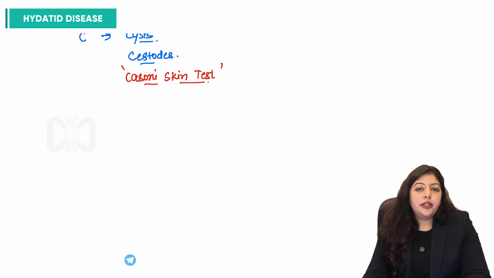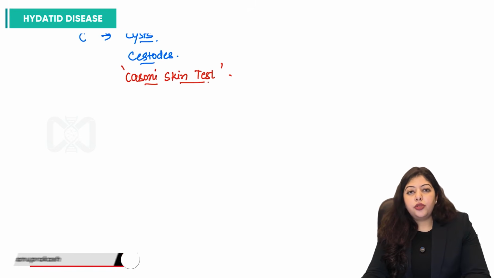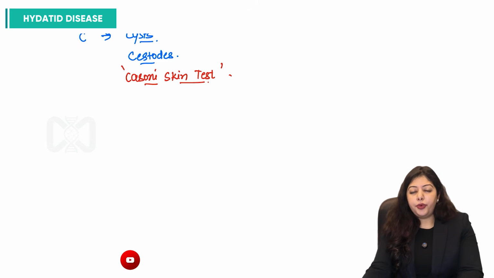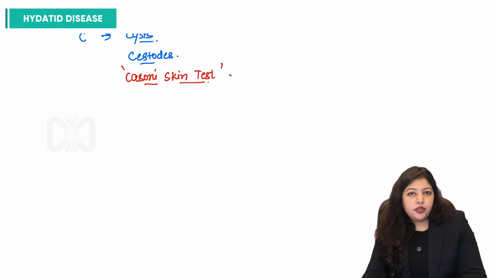It was used for patients who were hypersensitive to this particular antigen taken from this particular cyst structure. So what was done prior: whether it was an accidental host, a human, or an intermediate host like sheep, some amount of fluid, around 1.2 to 1.5 ml, was extracted from the cyst structure.